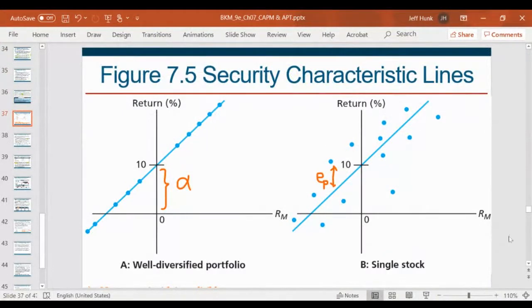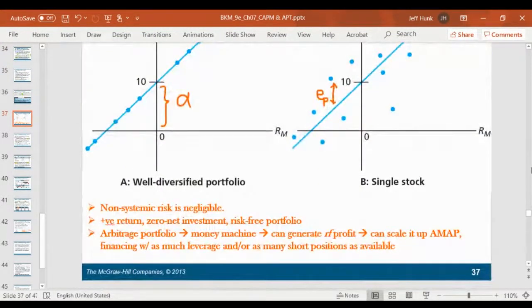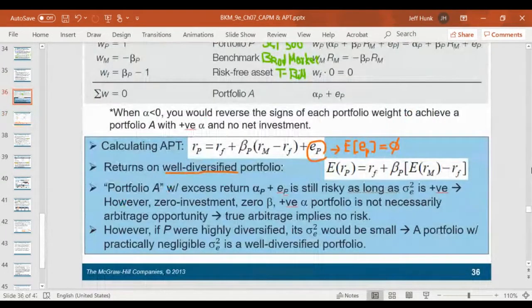If it looks like this, then it's still risky. But that's why we need a well-diversified portfolio, so that it will be minimal.